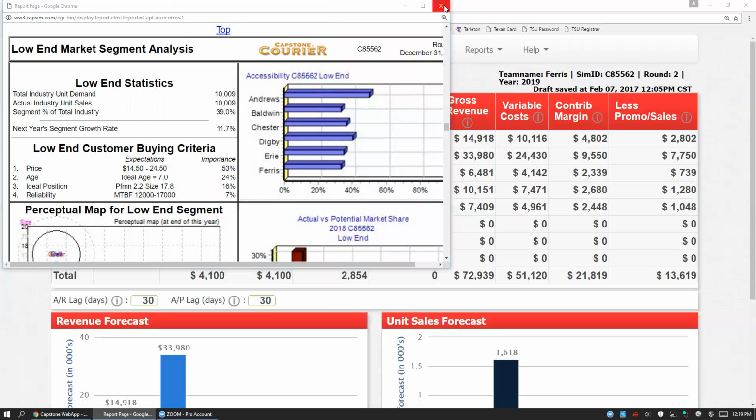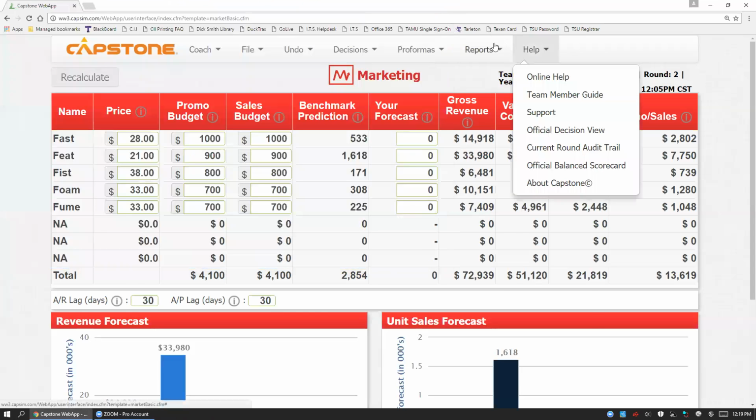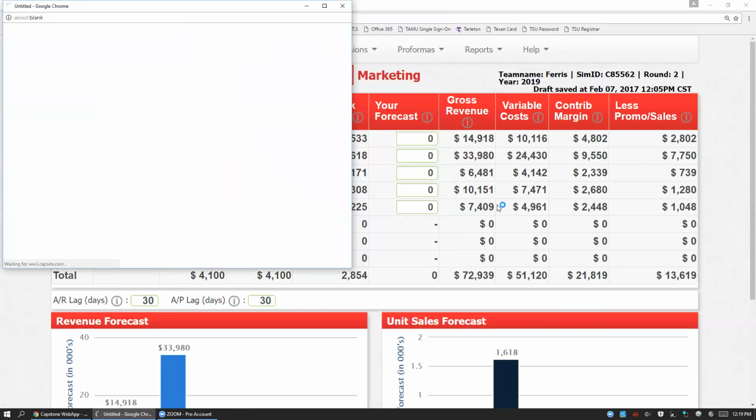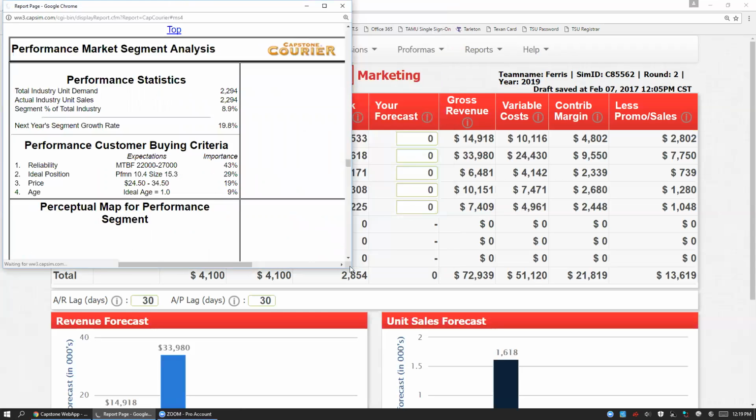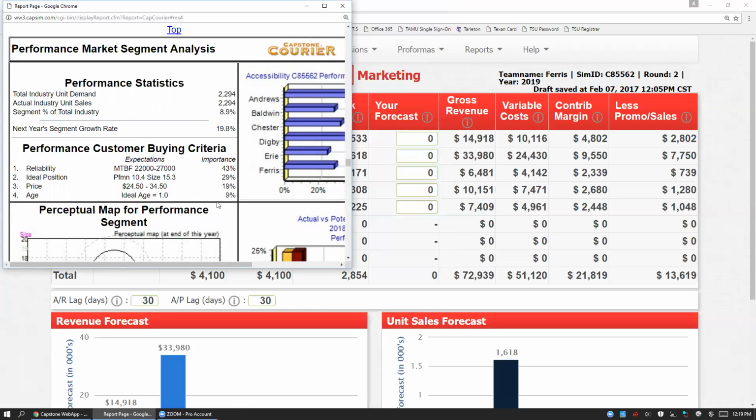Now if we go to, let's say, the performance segment, we have those same four buying criteria, but now price is only 19% of the purchase decision. Now it might not be important to be at the low end of that range because it's not representing as much importance in the consumer's purchase decisions.